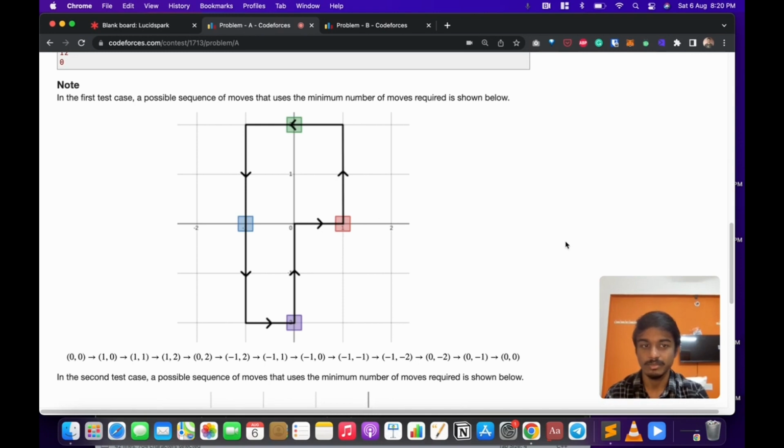What is some test case? I just take the large number. It's also in y. 2, 1, 2, 1, 2.